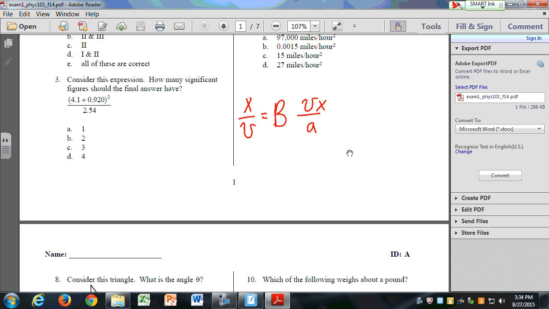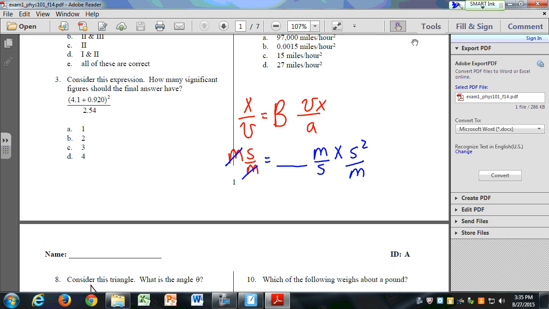So I have x is meters, v is seconds over meters, because, right, it's in the denominator, so I flip it. Those m's cancel. b is some units we don't know yet. v is meters per second. X is meters, and a is seconds squared over meters.